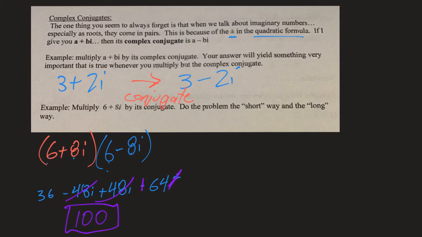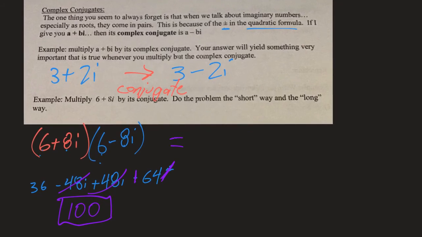Kind of interesting, all right? And there is a shortcut to this, okay? And there's a shortcut you can do foiling it out. You can realize, hey, this is a special pattern. Remember your factoring pattern? A squared minus b squared is a plus b times a minus b. Well, guess what?